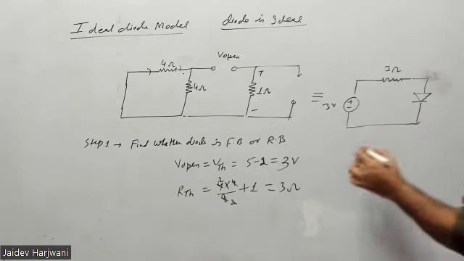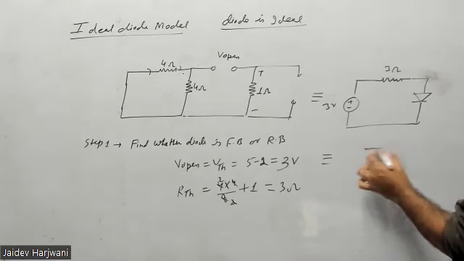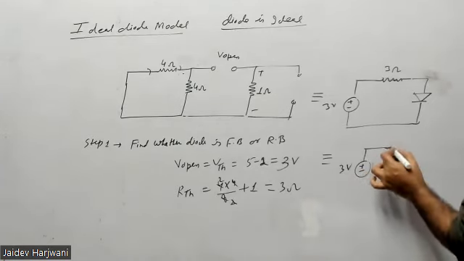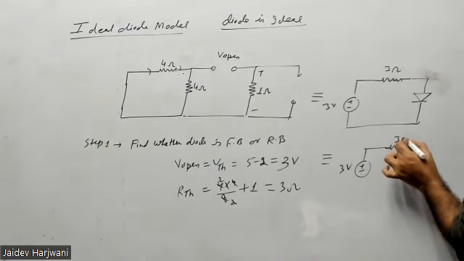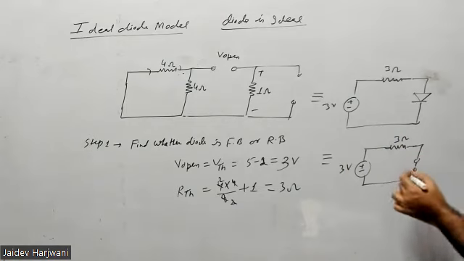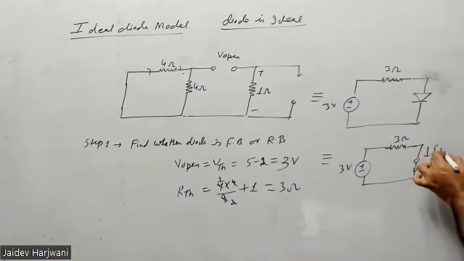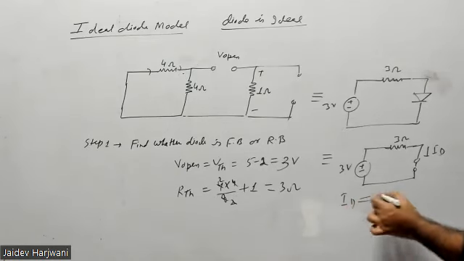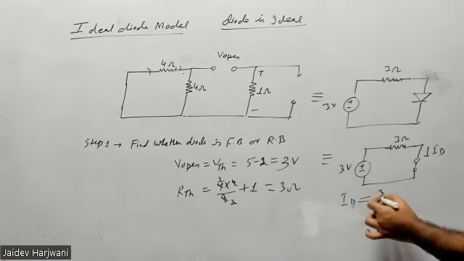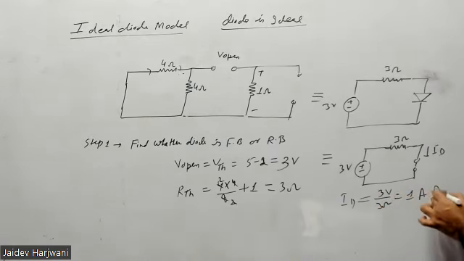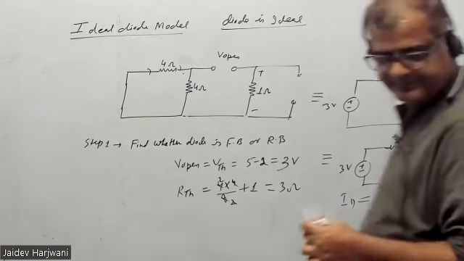This diode is forward bias, so you can replace this diode by a short circuit. Now you can find the current flowing, ID. ID will be 3 volt divided by 3 ohm, that is 1 ampere. 1 ampere is the answer.